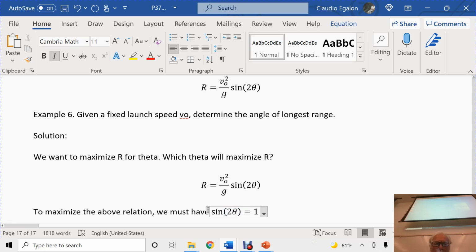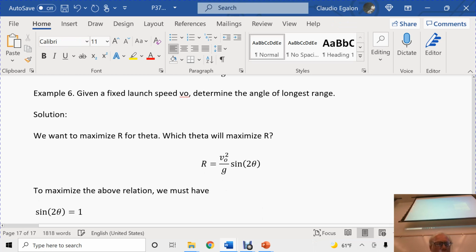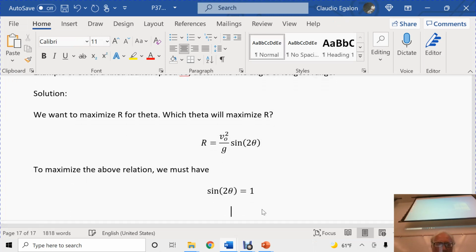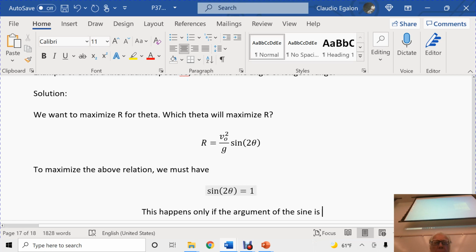We must have, in the next line, this happens only if the argument of the sine is how many degrees? The whole argument of the sine. What angle must 2 theta be for something like that to hold? I'm asking for the whole argument, not just the theta.